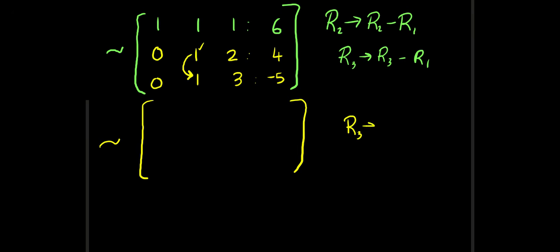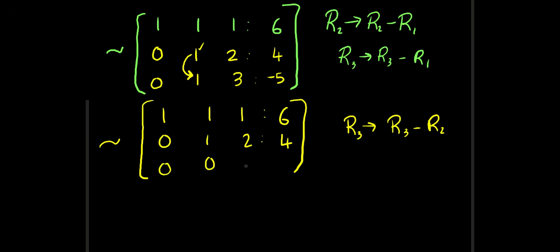R3 changes to, because my target element is in the third row, R3 minus R2. So 1, 1, 1, and then 6, 0, 1, 2, and then 4, and then our operation. So it will be like 0, 0, 1, and minus 9.